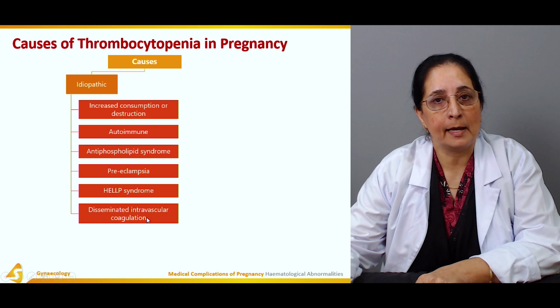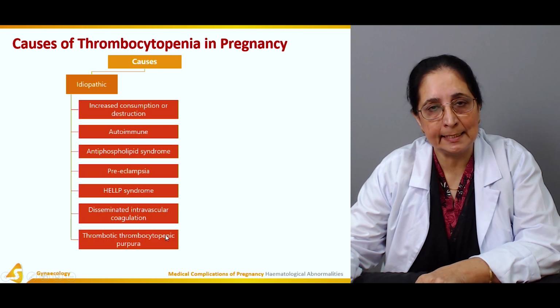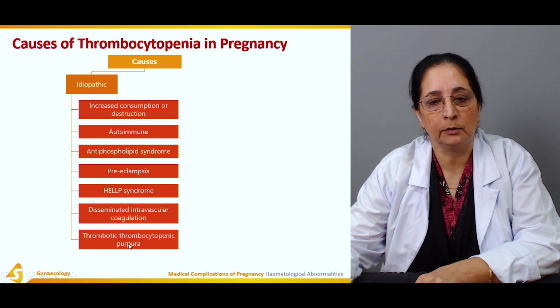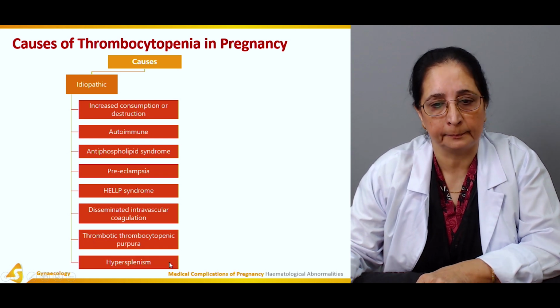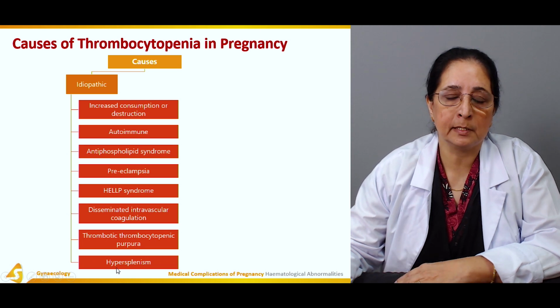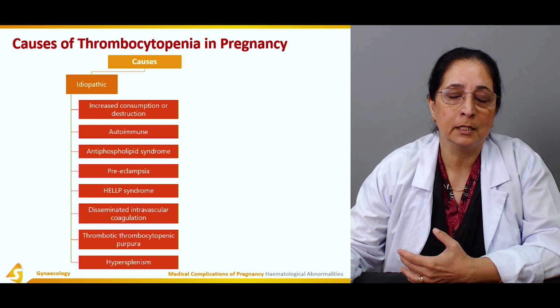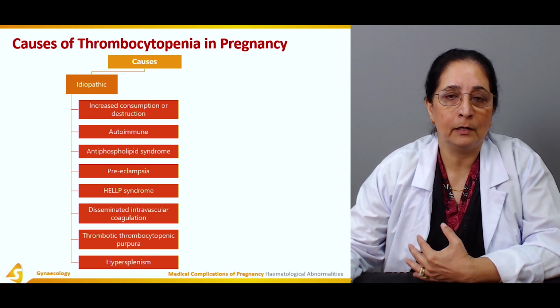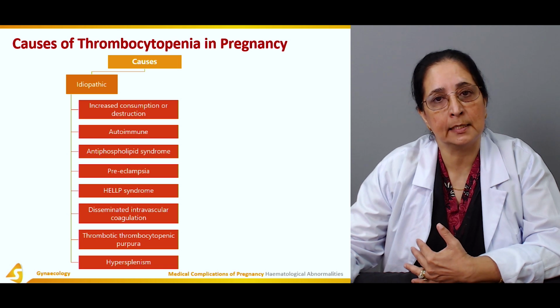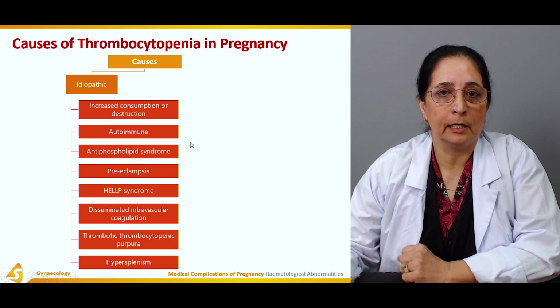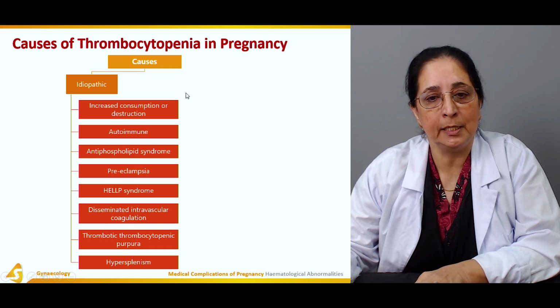Disseminated intravascular coagulation, DIC. Thrombotic thrombocytopenic purpura, known as TTP. And then hypersplenism is a condition in which the spleen is enlarged and there is decreased level of platelets because of excessive destruction. So all these are the conditions which can cause thrombocytopenia.